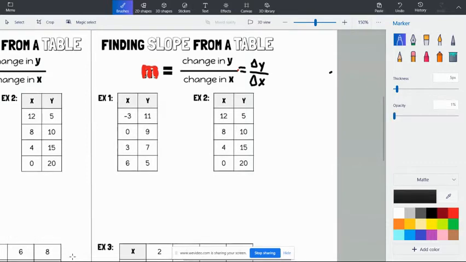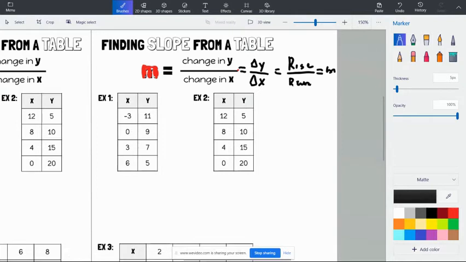We also defined it as rise over run. Or you could say the letter m. M is also valid.